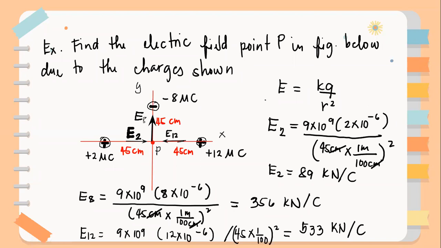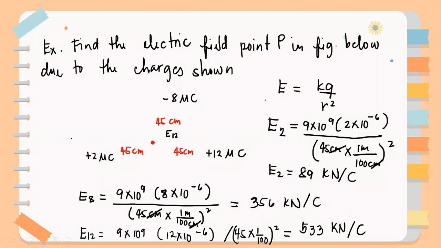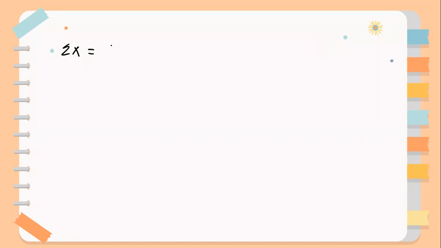Okay, therefore, at P we get the value of the x component. Now for the summation of X, that is equal to 89 minus 533, that is equal to negative 444 kilonewtons per coulomb.